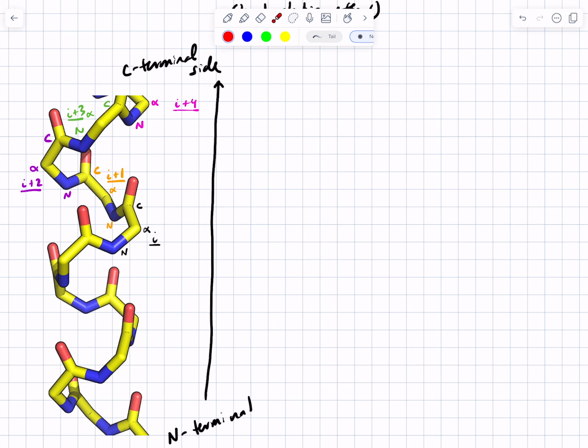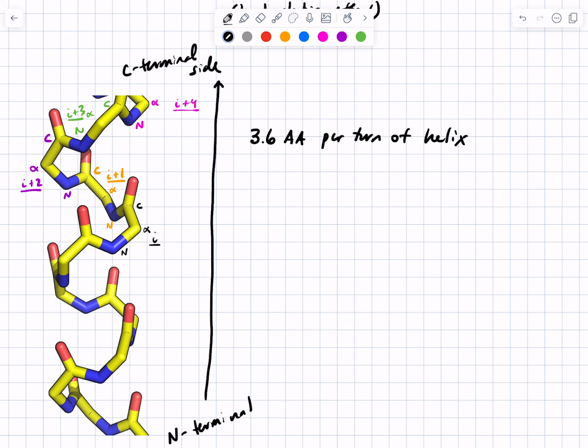People have characterized the alpha helix mathematically, and they figured out there's about 3.6 amino acids per turn of the helix. They've also figured out that as you move down the cylinder, it's about 5 or 6 angstroms per turn of the helix.